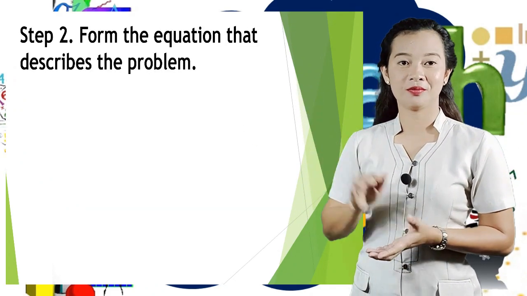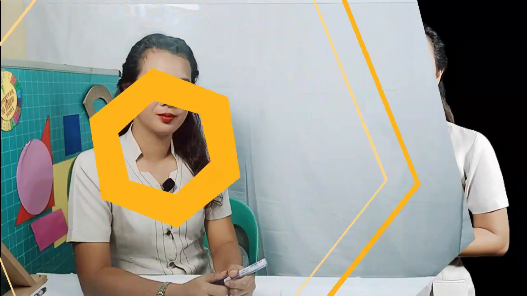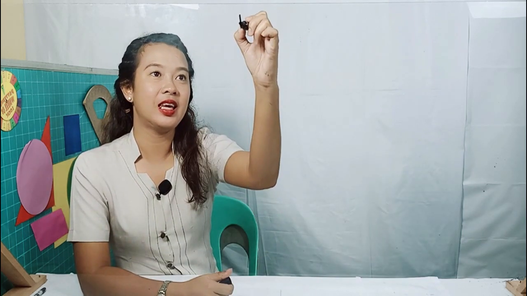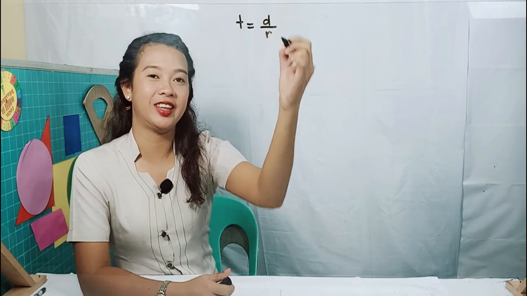Step 2. Form the equation that describes the problem. Again, the formula in finding the time is t equals the distance over rate.